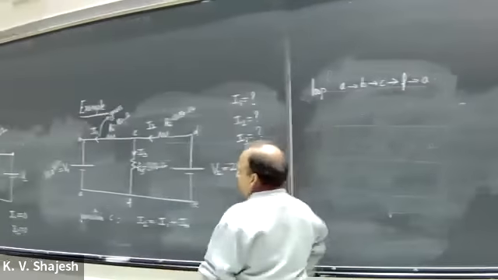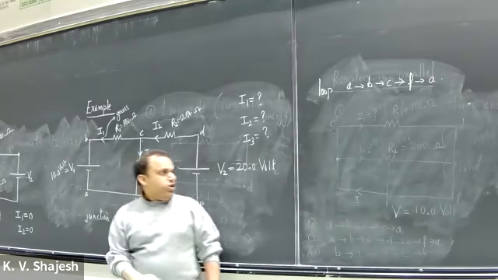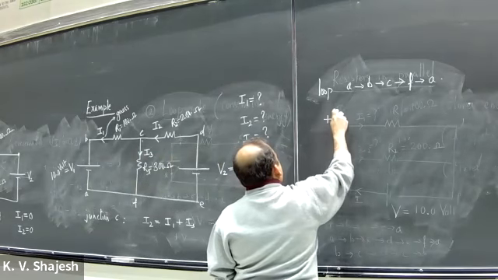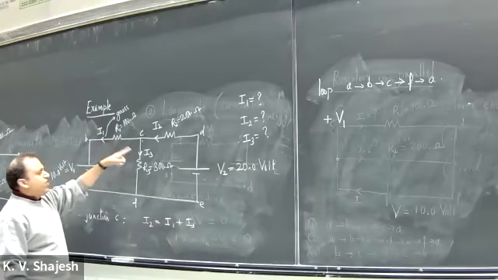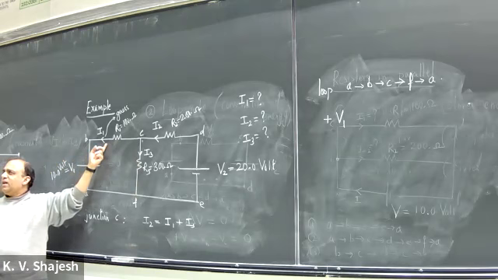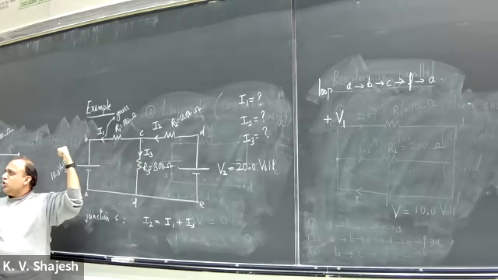So we will have, when I go from A to B, I'm going from lower potential to a higher potential. So that's plus V1. From B to C, notice I'm going to use the direction of the arrow as my signal. Current goes from higher potential to a lower potential.